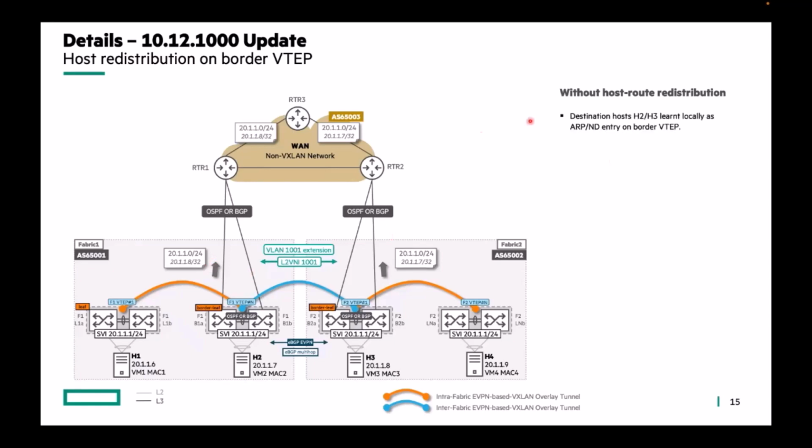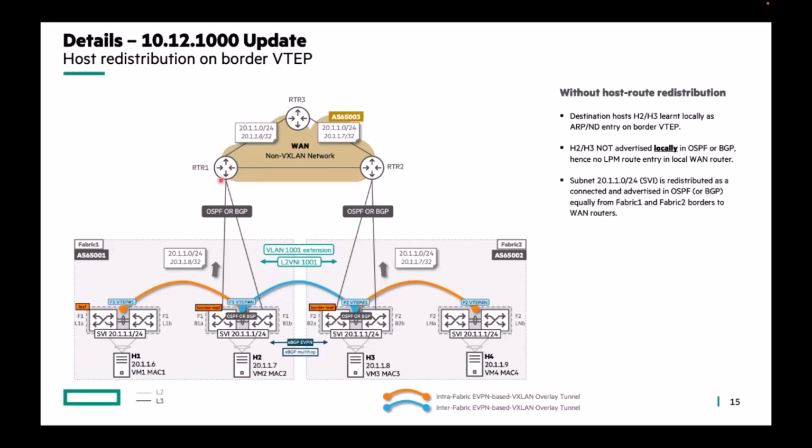Destination hosts on the right side: without host route redistribution, what is happening is that destination hosts H2 and H3, which are directly connected to the border VTEPs of a fabric, are learned locally as ARP or ND, which is the IPv6 entry, on the border VTEP. These host 2 and host 3 are not advertised locally in OSPF or BGP. Hence, there is no longest prefix match route entry in the local WAN router. This is what is happening today.